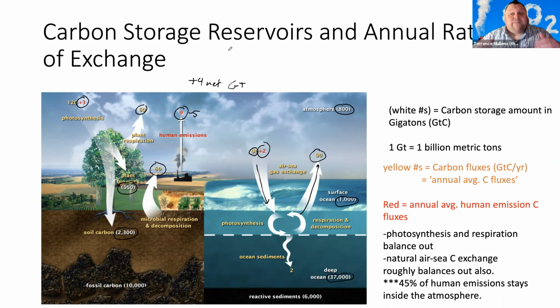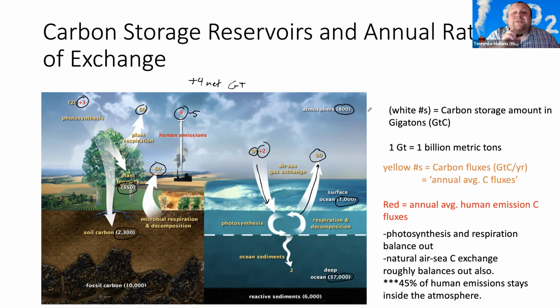What that means is every single year, we are adding an additional 4 gigatons, and then an additional 4 gigatons, and then an additional 4 gigatons. And that adds up really, really quickly. In fact, it adds up so quickly that's one of the reasons why the 800 for our atmosphere was a little bit different than the 750 that we saw on a table earlier in this module.